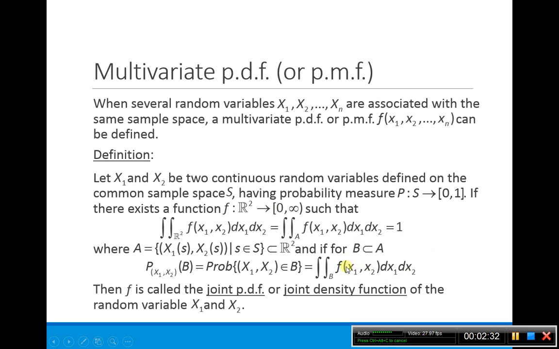This is the way that we define a joint PDF. Basically, you're talking about the probability that you're in some subset B of this range A. Remember, the range has these x1 and x2, and you can write this as the integral over B of my joint PDF or joint density function.